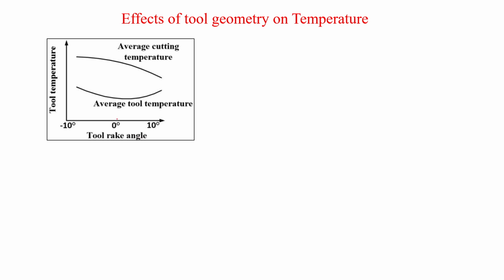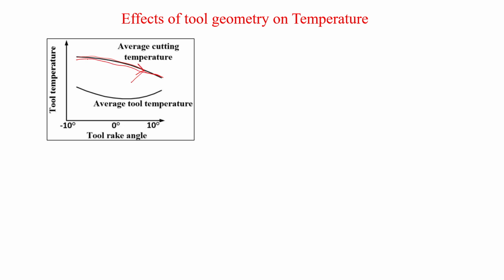You can see here, as the tool rake angle increases, the average cutting temperature decreases. Can anyone tell me why it is so? Why with the increase of the rake angle is the average cutting temperature decreasing?